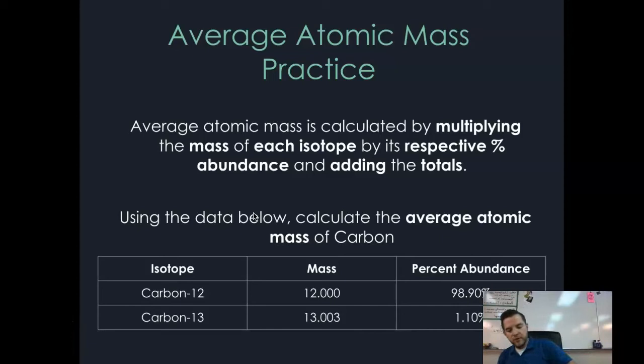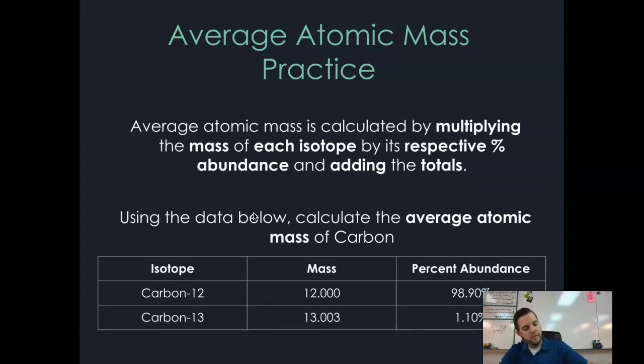So basically, when you're calculating average atomic mass, you take the mass number of isotope 1 times the decimal abundance.